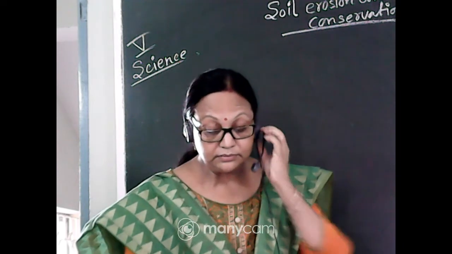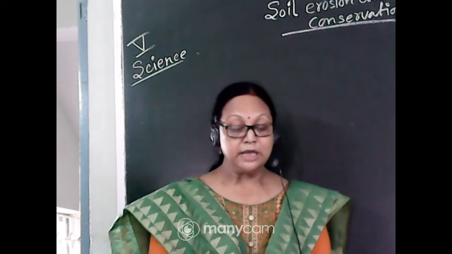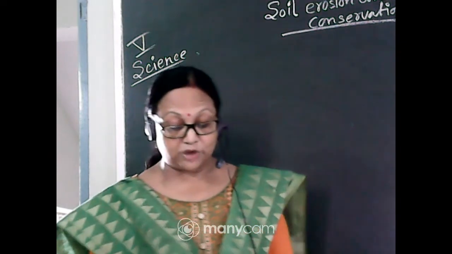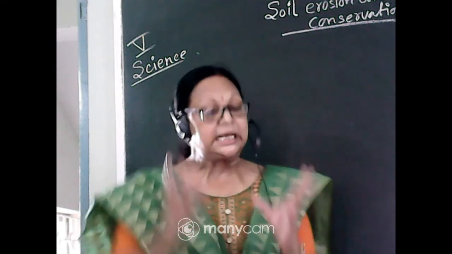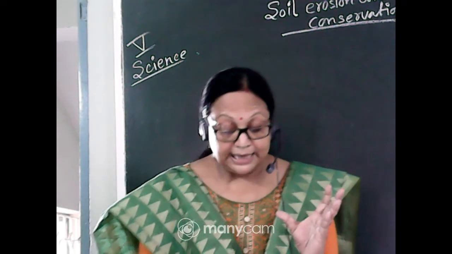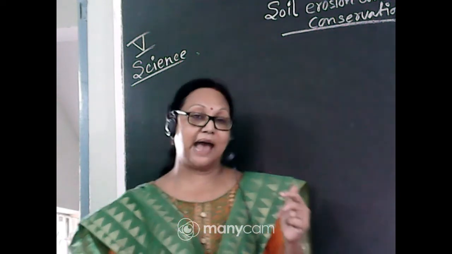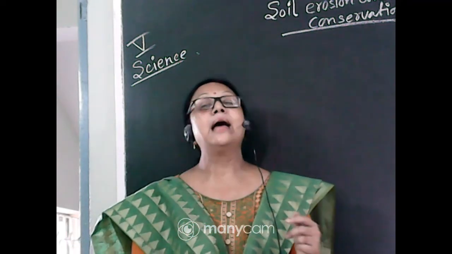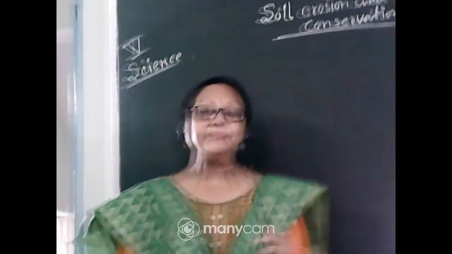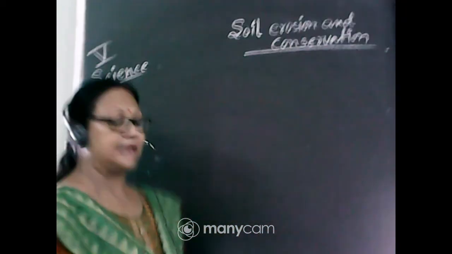Okay. So why is soil needed, why is soil important? Because soil supports the growth of the plant by holding its roots. Small animals like some insects, bacteria and viruses all actually live in the soil, in its uppermost layer.